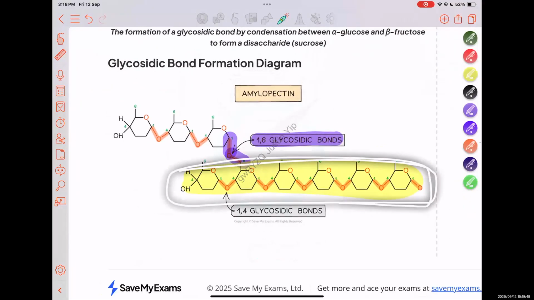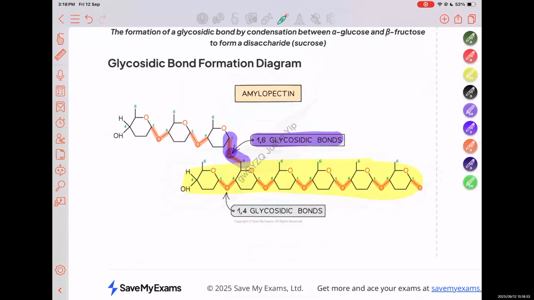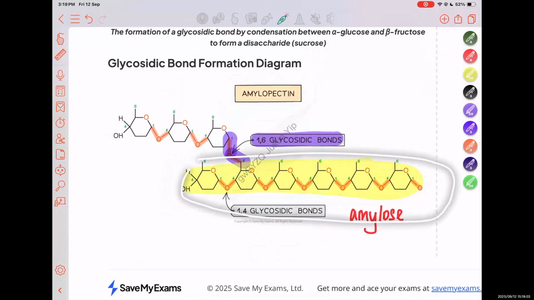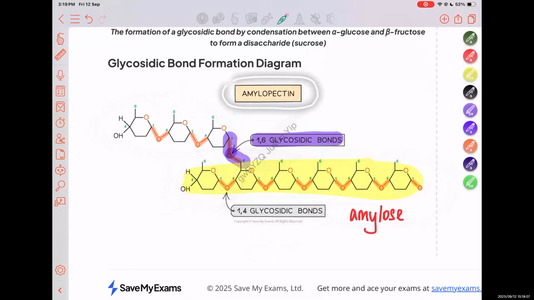You can imagine the yellow one I highlighted here is our amylose. If you have another branch forming another chain, we call it amylopectin.